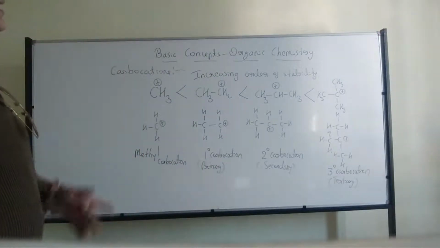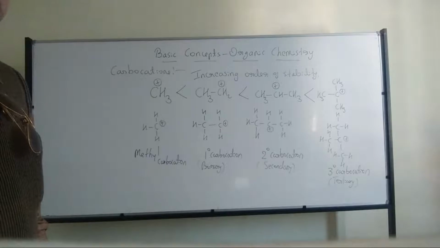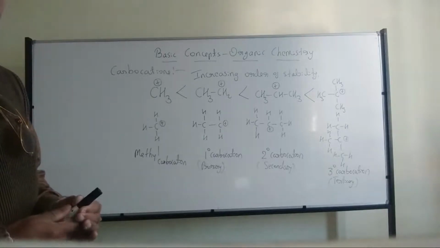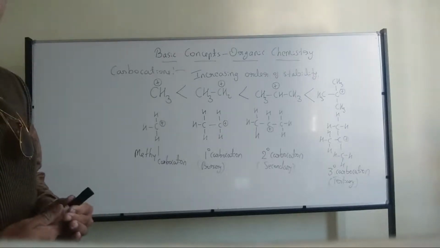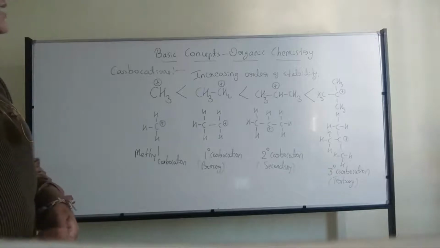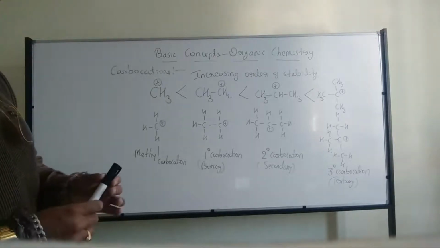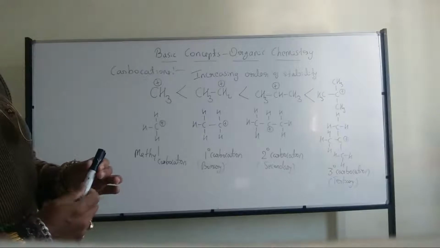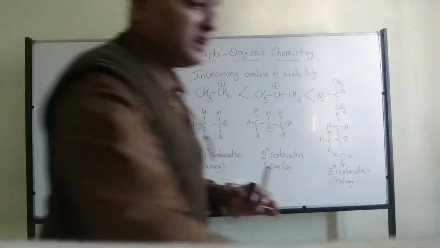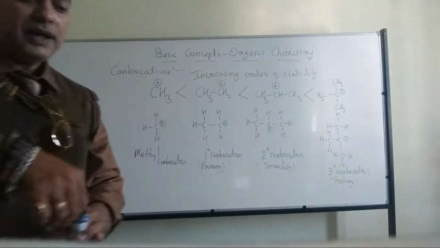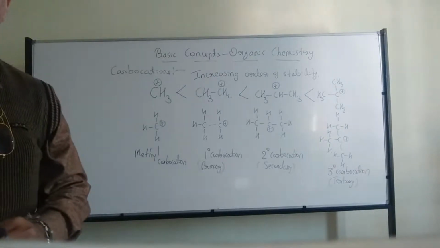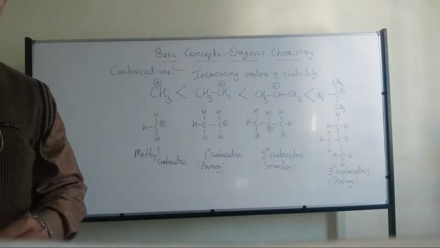There is an increasing order where methyl carbocations are very unstable, and whatever is on the right side, tertiary carbocations, are very stable. So that means we cannot compare methyl carbocation with tertiary carbocation.